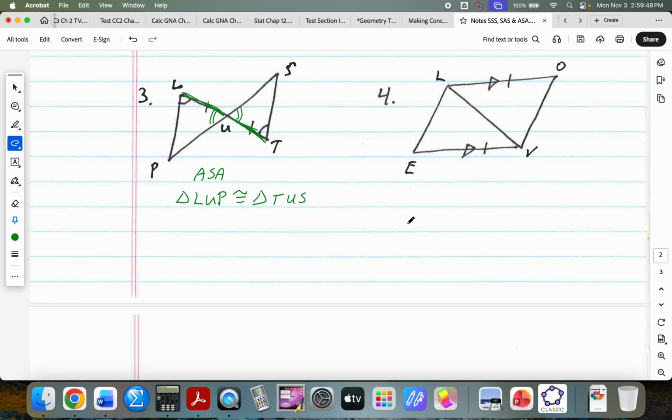All right, on number 4, they only told you 1 pair of things are congruent, so you have a little more work to do here. What else can we add in this diagram?